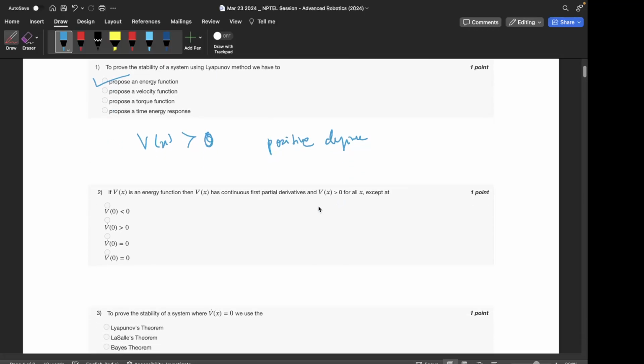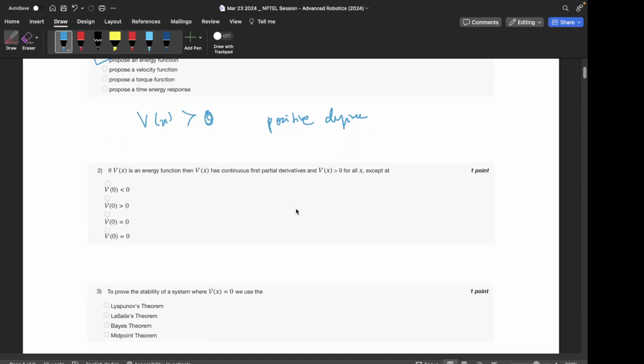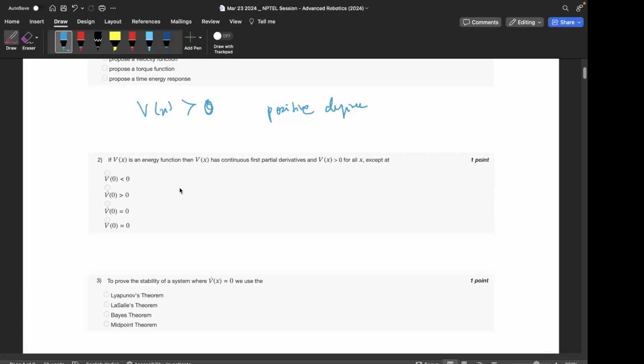Second question: if V(x) is an energy function, then V(x) has continuous first partial derivatives, right? And V(x) is greater than 0 for all x except at V(0) equal to 0. This is the criteria which we need to satisfy.